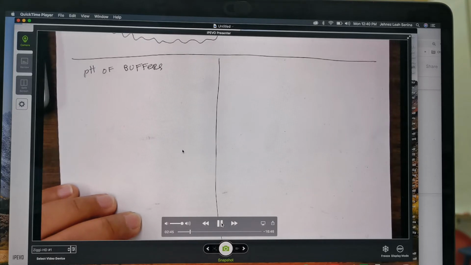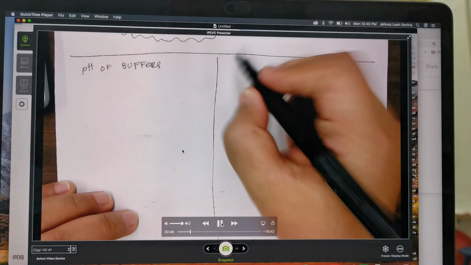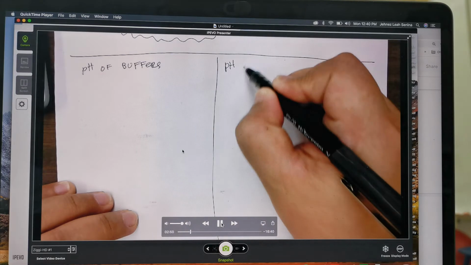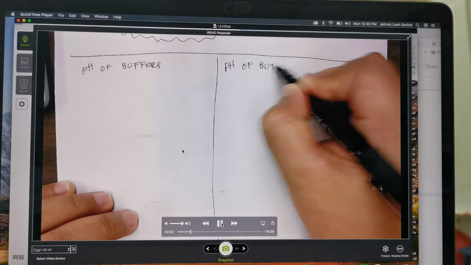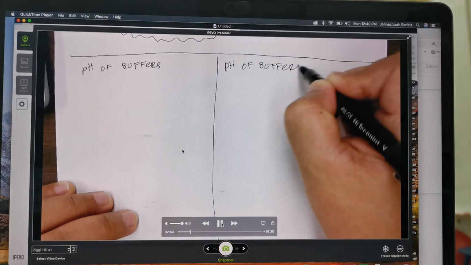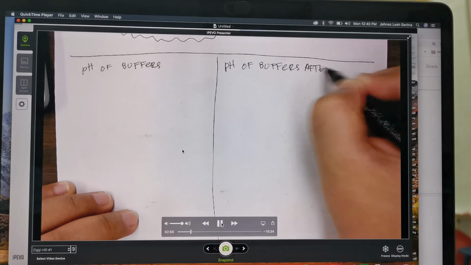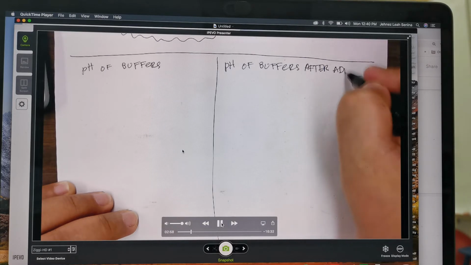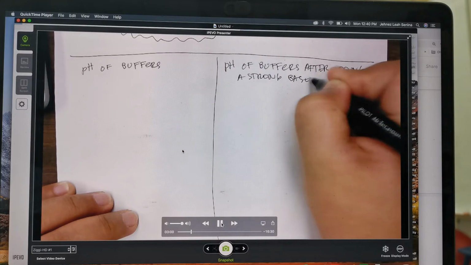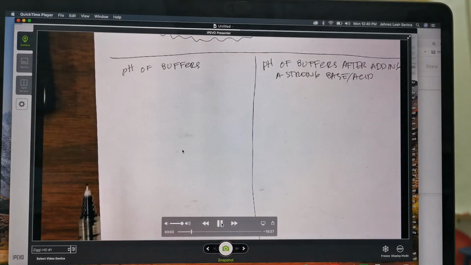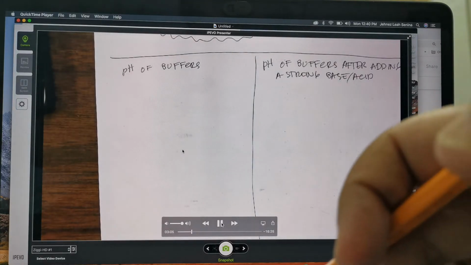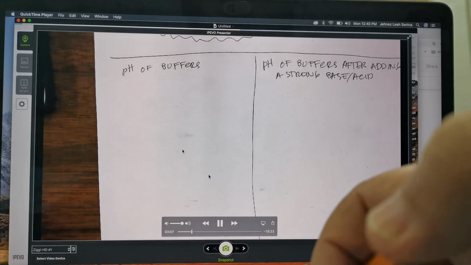Another problem that you can solve here is what is the pH of your buffer after adding a strong base or a strong acid. I'll use the example in your book on page 742.